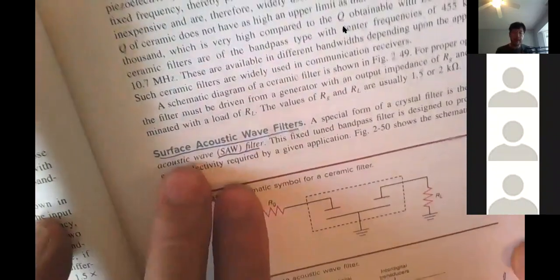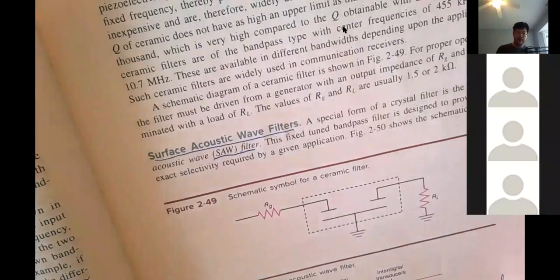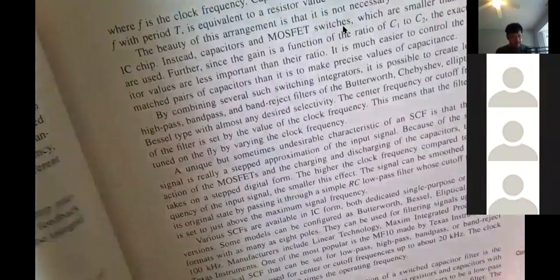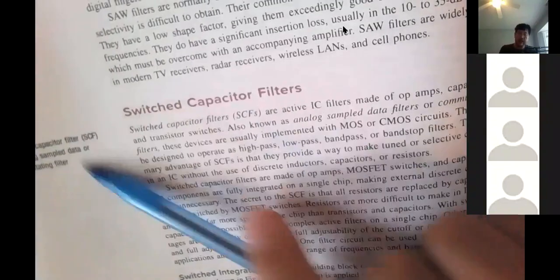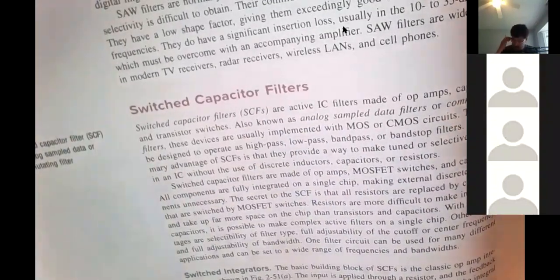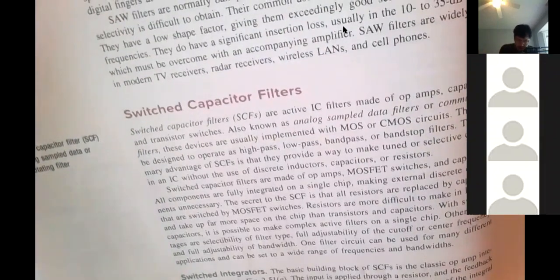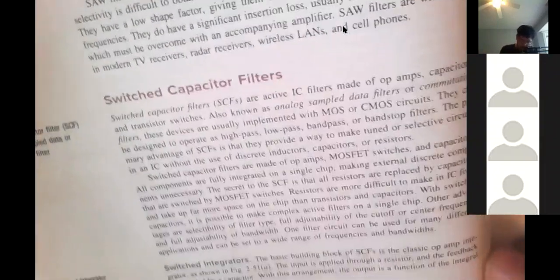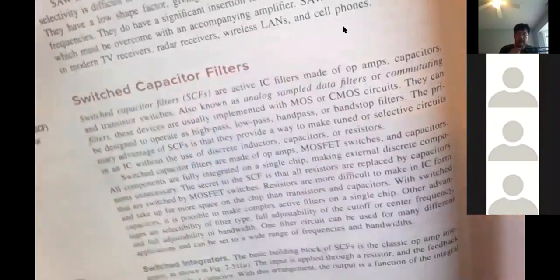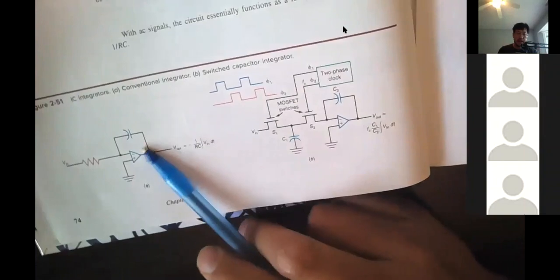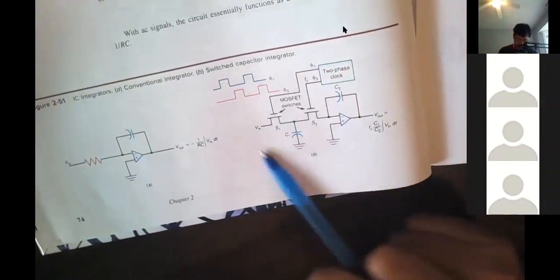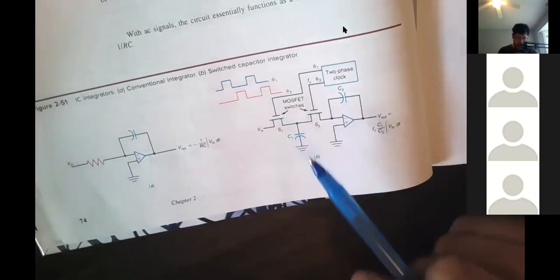So we have the ceramic filter and the quartz crystal. These are two types of filters. What about the latest? If you have a modern radio, chances are this is what is used inside your radio. The latest is called the SCF, switched capacitor filter. This is the old classic filter, and this is an SCF.